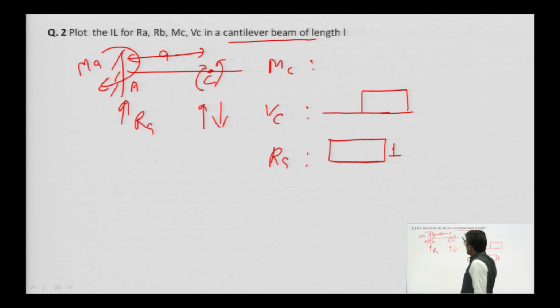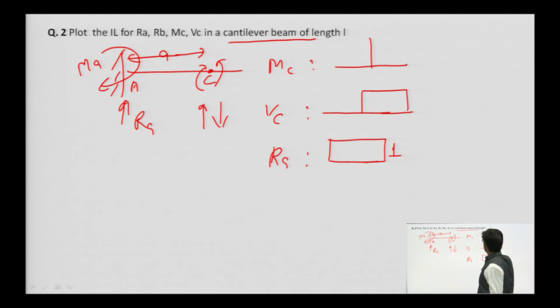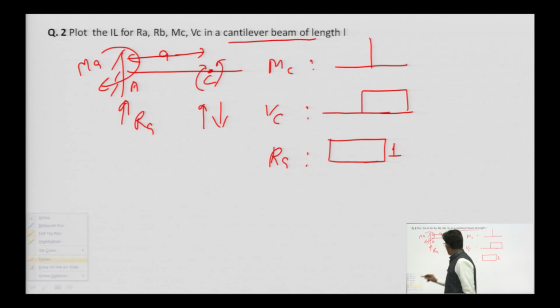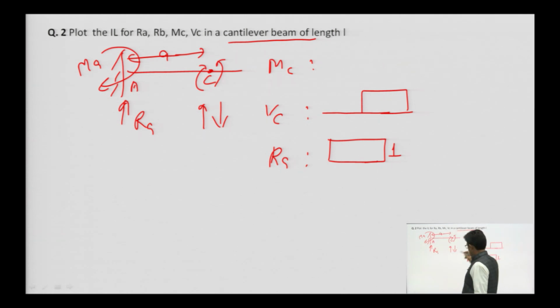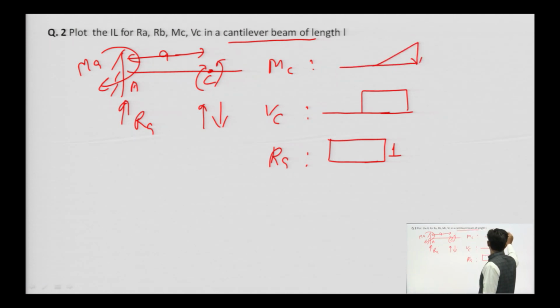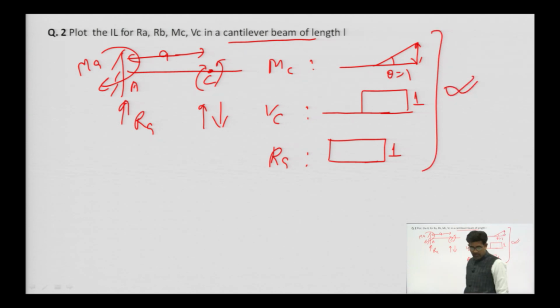And for MC, the moment at point C, you will get this shape, where the ordinate is 1, so theta is equal to 1. So, these are the results. Please verify and do it by yourself.